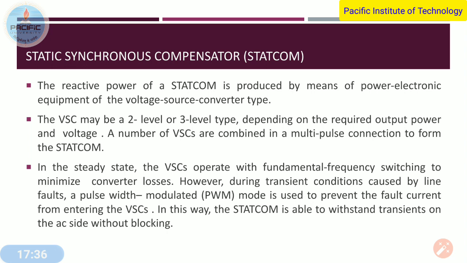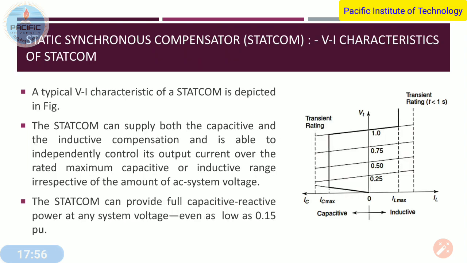In this way the STATCOM is able to withstand the transient on the AC side without blocking. So without disconnecting the STATCOM from the system, it can withstand this transient by using the PWM mode of operation. So here is the VI characteristic of STATCOM.